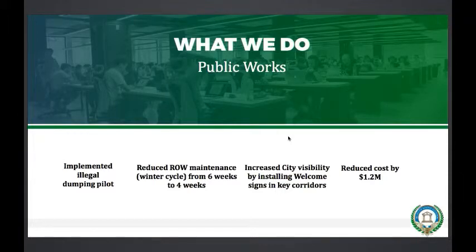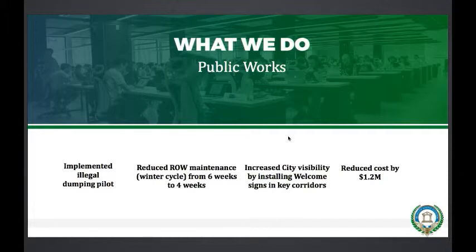One of which, we began an illegal dumping surveillance program where we installed cameras in strategic locations throughout the city to be able to identify those dumping hotspots, but also to identify some of the perpetrators who are illegally dumping. We're continually monitoring that program and those locations to make sure that we have the cameras positioned in the right locations. And we're looking forward to expanding that program very soon and even on into FY20.